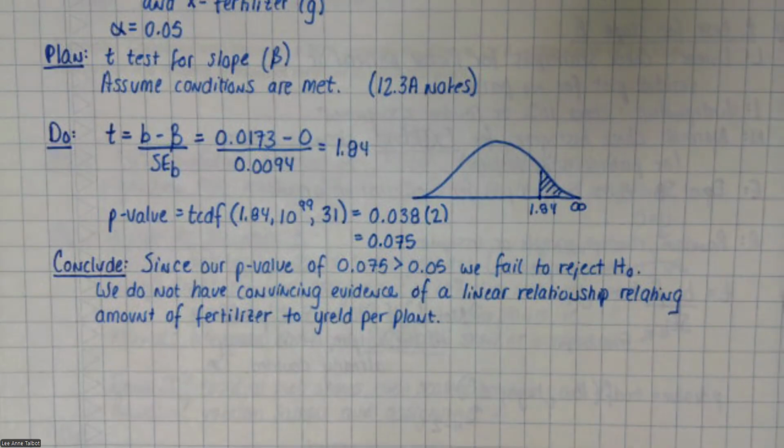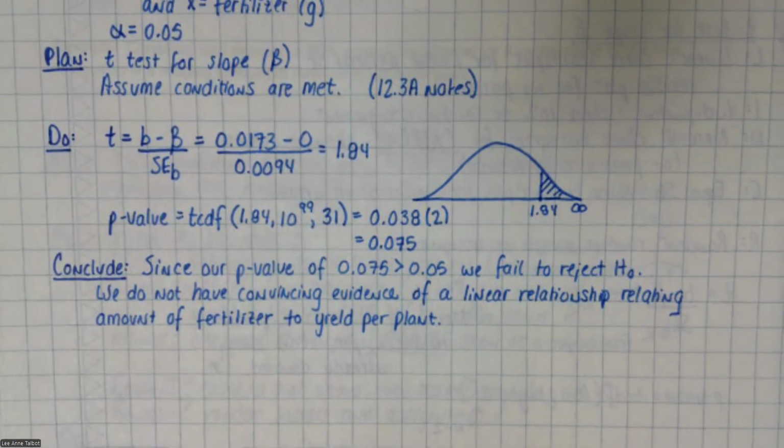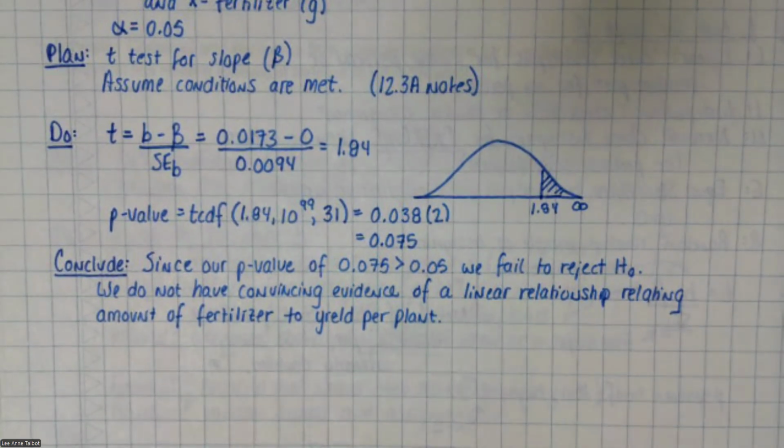Easy peasy. I like it. You take two numbers and divide them and then do tcdf. Just remember to multiply by 2.